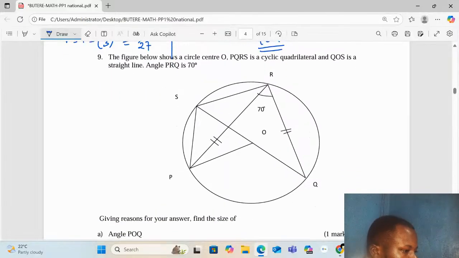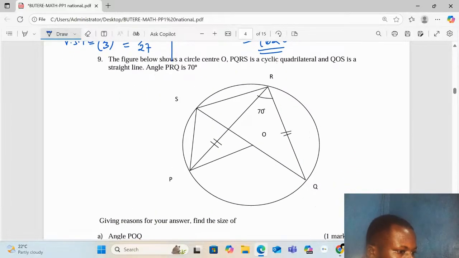Then we move to question number 9. The figure below shows a circle, center O. PQRS is a cyclic quadrilateral, and QOS is a straight line. Angle PRQ is 70 degrees.